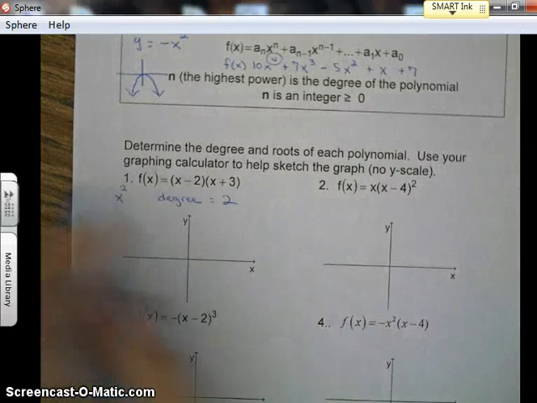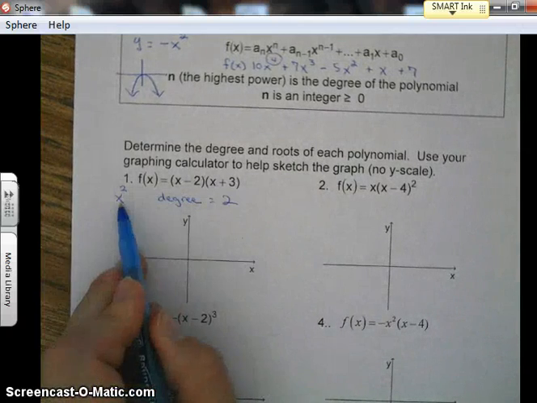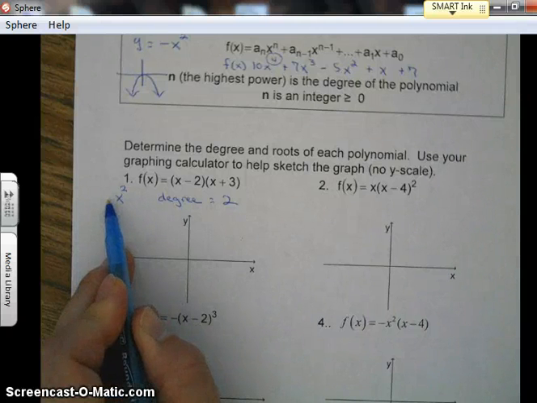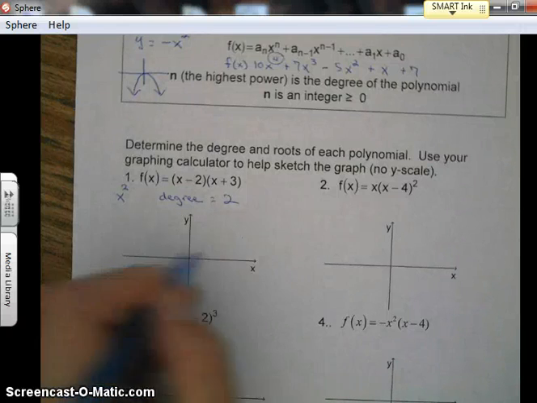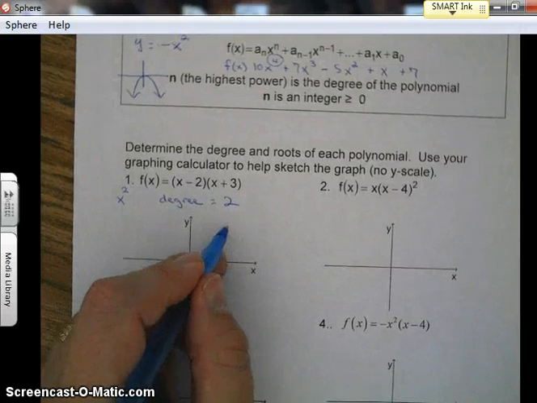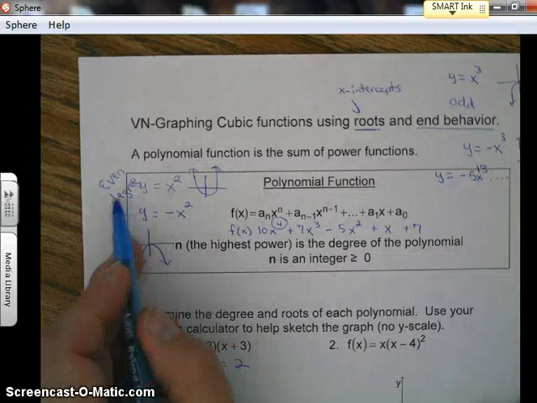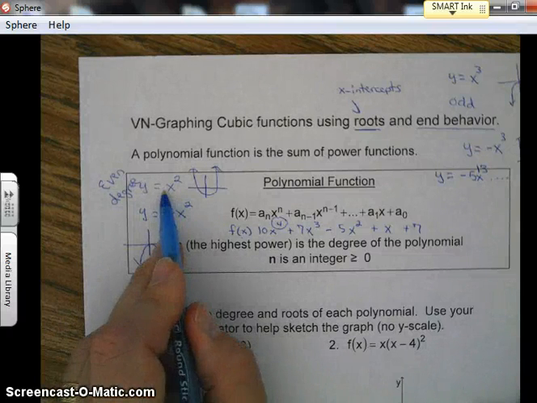It's positive, so it's going to go up on the left and up on the right. Even degree positive, up on the left, up on the right.